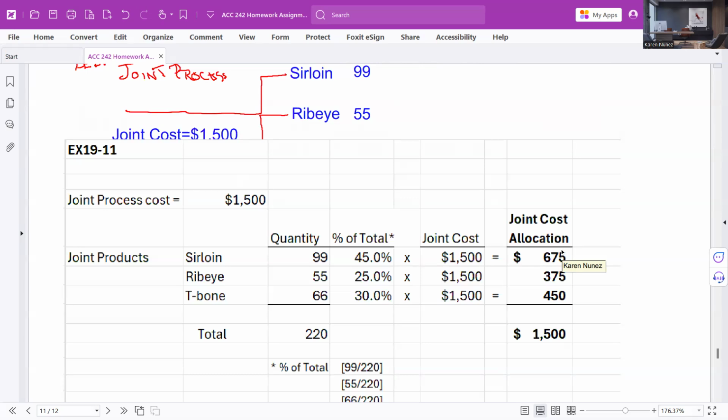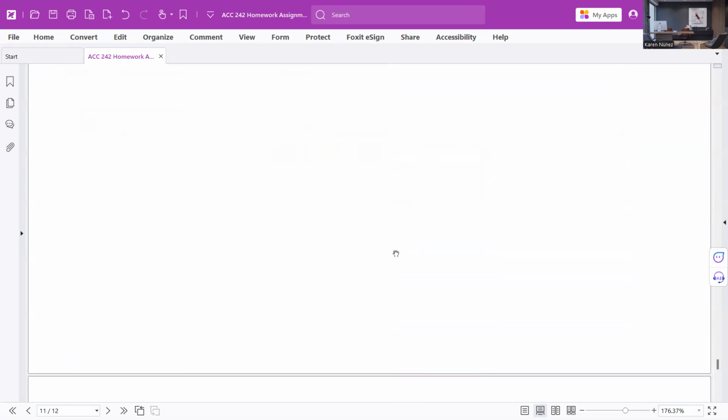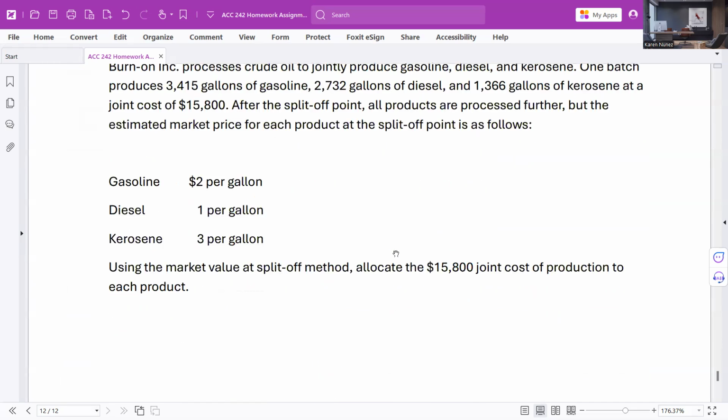Okay. And then the last one here is just the market value. One more look at the market value at split off. So the market value at split off works a little bit differently because we're not going to use the physical units. We're going to use the market value of those units.